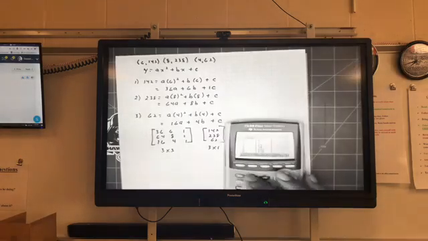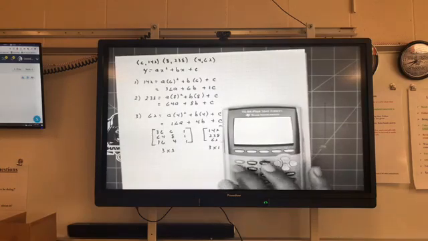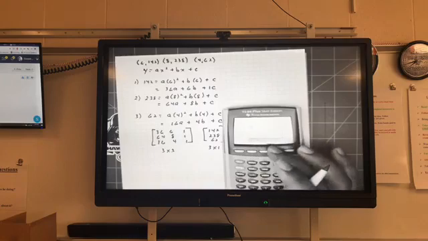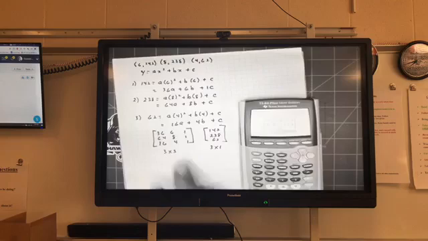Okay. Let's go back into the matrix menu now. Alpha, window, zoom. Now this is a 3 by 3 matrix, so we're going to set that up.